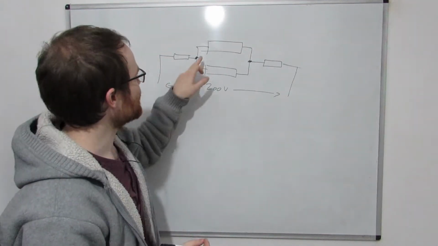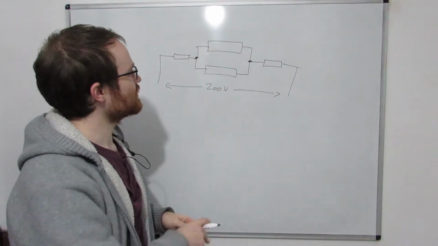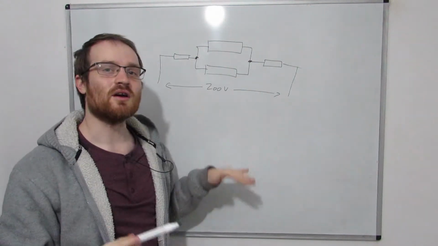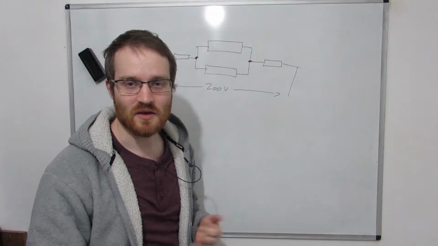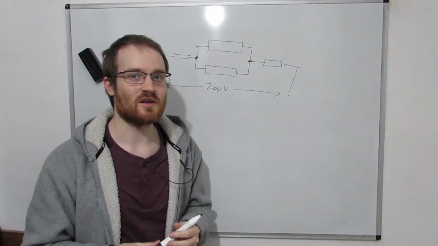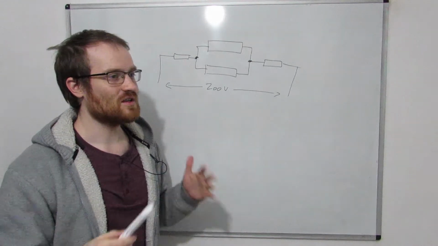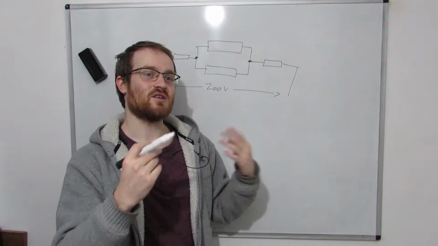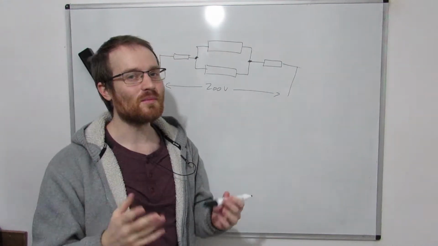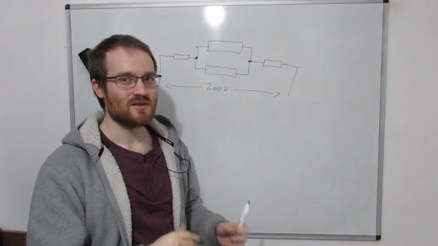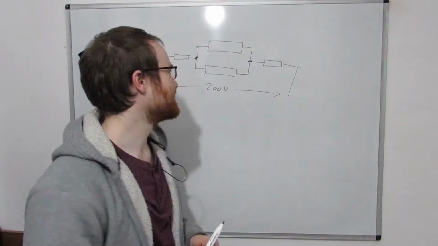What I'm going to do here is go over a slightly more complicated series and parallel circuit, and then I'll do a much more complicated one with some more techniques from the Circuits 101 video, just to show you how you can take the ideas that I've already taught you and expand on them. There are more complex circuit theorems that are really just the basic circuit theorems given a new name.